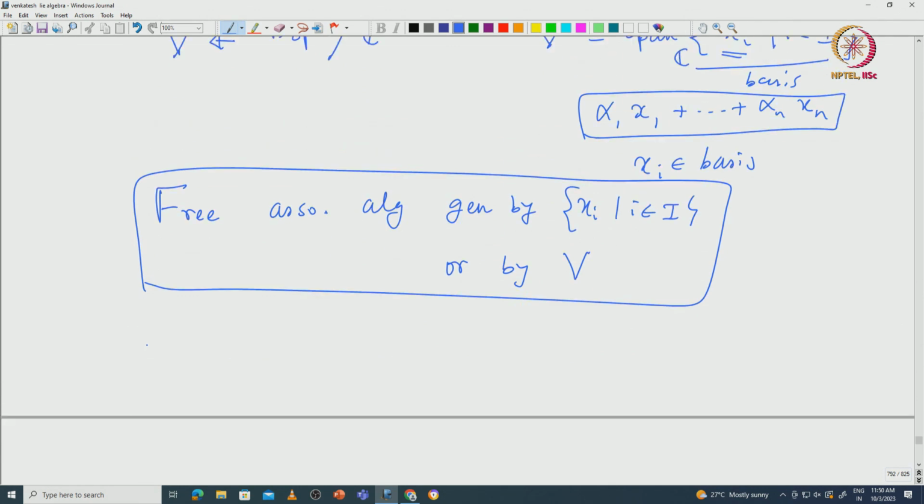We have to take products of these xi's, so we have to give meaning to the product xi1 etc. xir. If we give meaning, then we can take linear combinations of these. Since associativity is there, it does not matter how we write this product, so the brackets really do not matter for us.